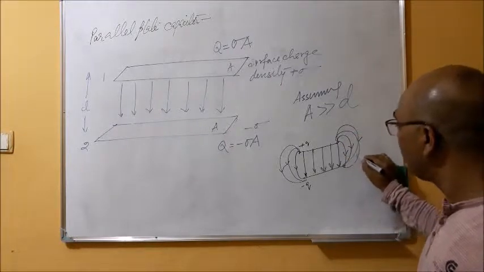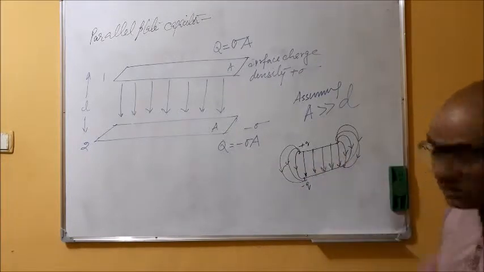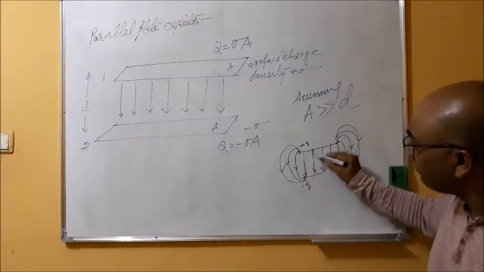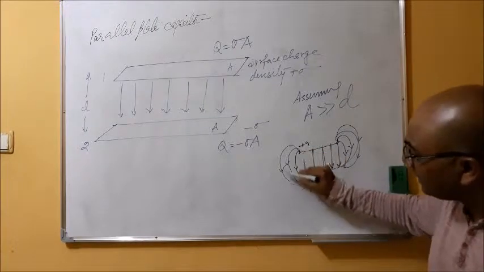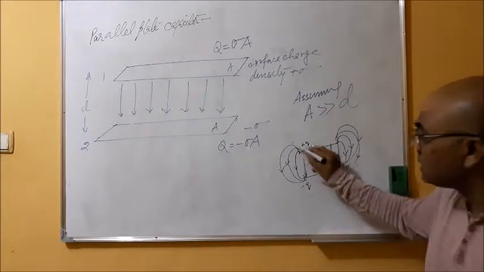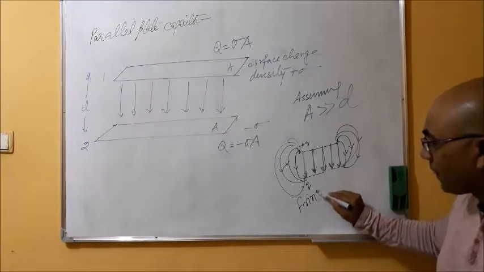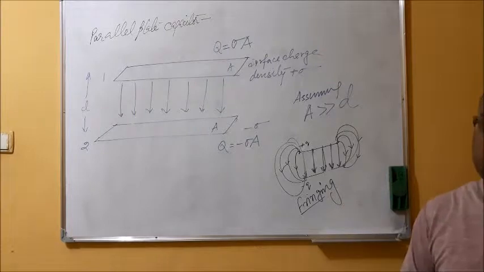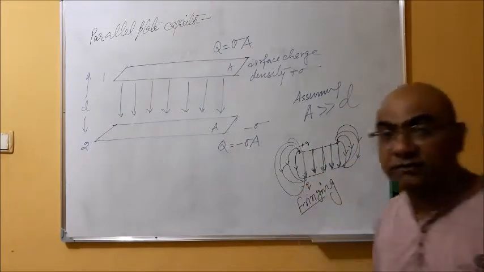If we are at the corner of these two plates, the electric field lines are not uniform like this, but will be like this. So this is called fringing.